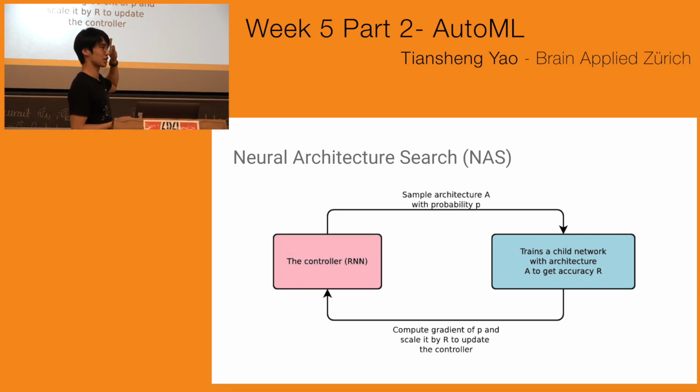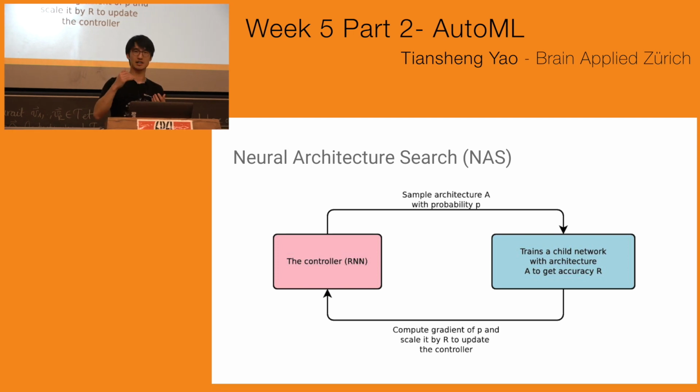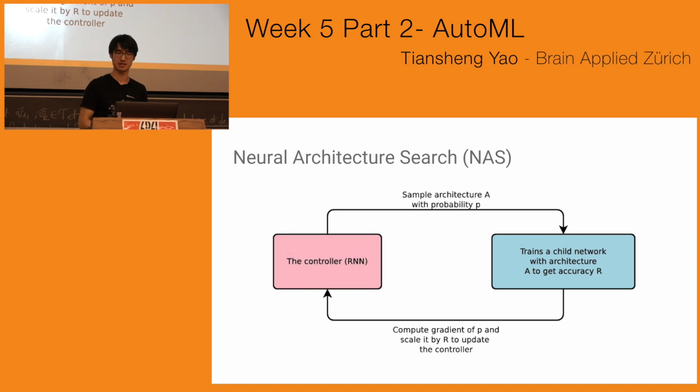The job of this controller is to propose different model architectures. Then you train this model architecture, which we call the child network. With the architecture A the controller proposes, you get the accuracy R. You feed this accuracy with the trial to your controller, and your controller updates based on the feedback and tries to propose better architectures later. Eventually, my controller starts to propose better and better architectures, and the architecture automatically found just becomes better and better.